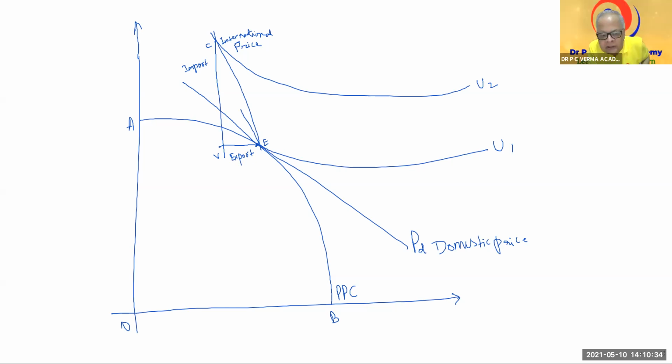At point E, there is domestic equilibrium. Total amount is HE.